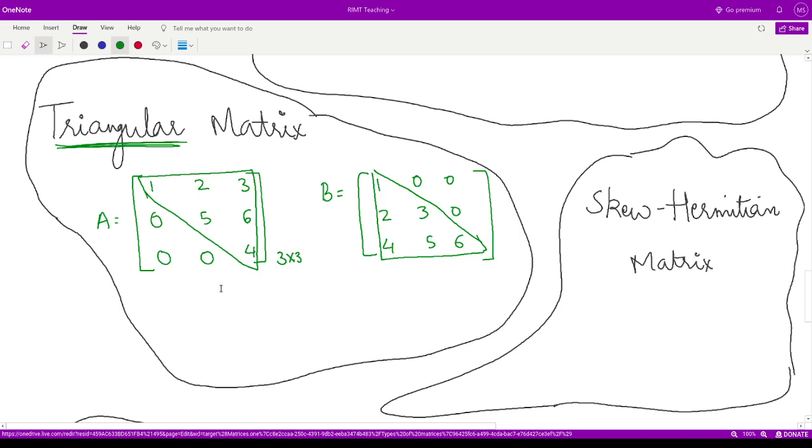However, what is the difference? This is the upper triangular matrix. Here the triangle is made at the upper corner, and this one is a lower triangular matrix. So this is another name for the matrix, right? So this is the major classification.